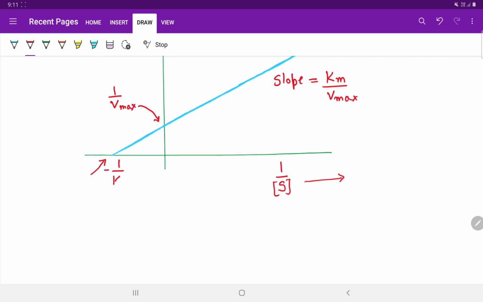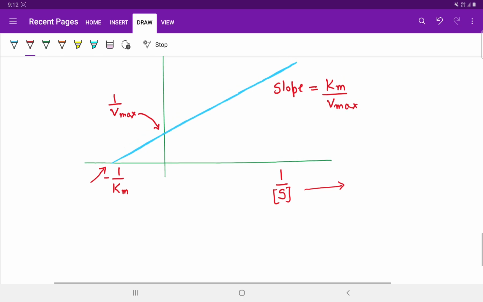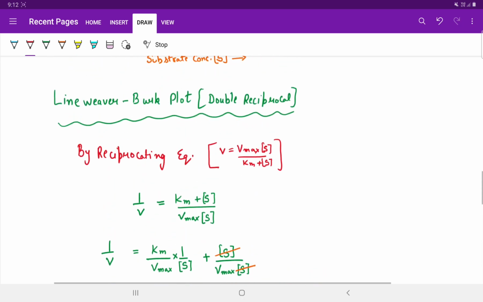So this will be a negative value for Km. So ultimately the value of Km can be obtained from the intercept on the x-axis. So it is much easier to calculate the value of the Michaelis constant, and it helps in understanding the inhibition of enzymes. So students, this was regarding the enzyme kinetics.